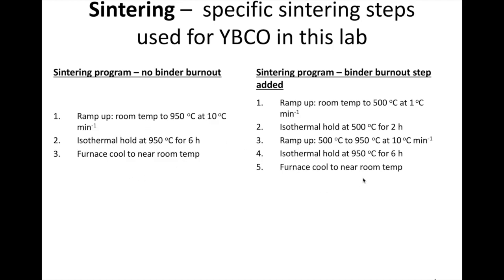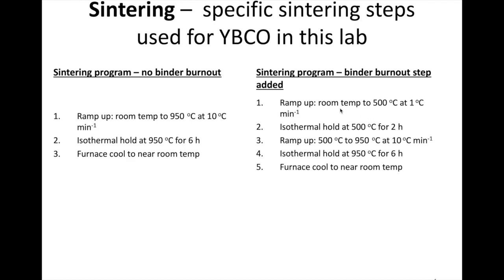The other way we're going to fire these, from your third lab session if you're following along with all of the data, will be the same pressed samples with the same amount of binder, but the sintering program will add the binder burn off step.